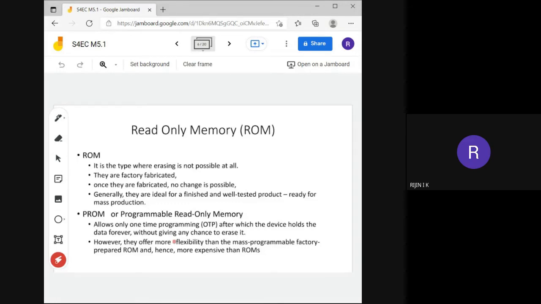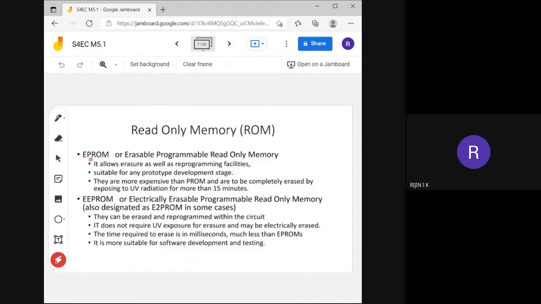However, they offer more flexibility than mass programmable factory fabricated ROM, and they are more expensive than ROMs. Compared to simple ROM, these PROM memories are somewhat expensive. That is all about programmable read-only memory.